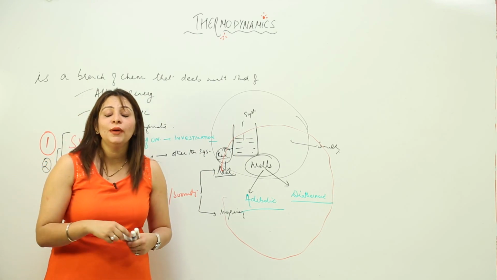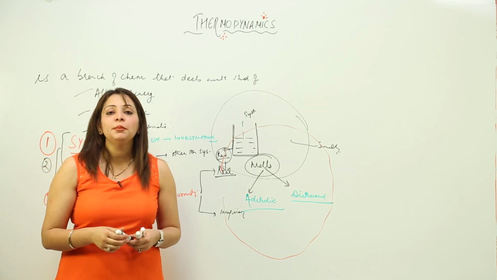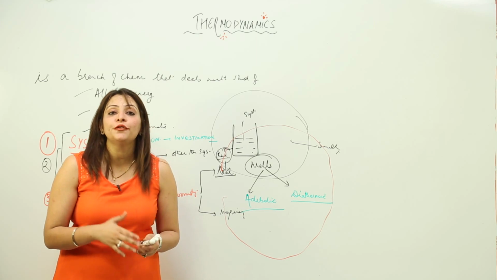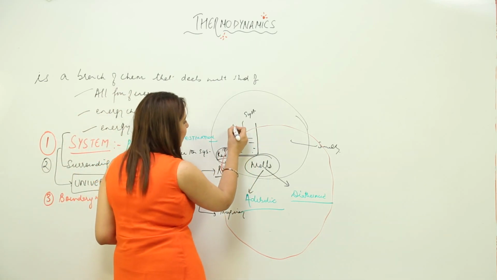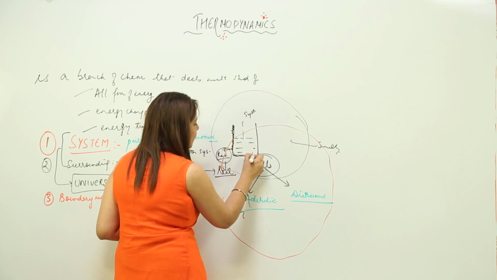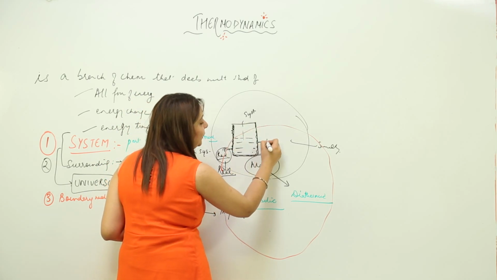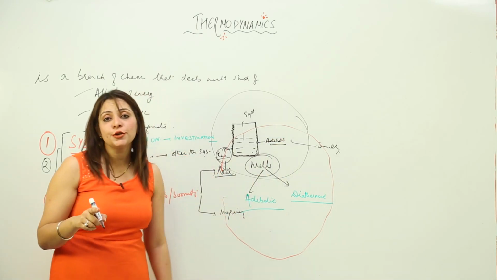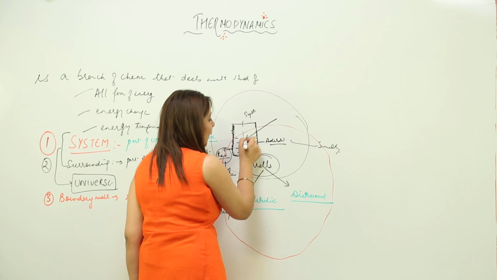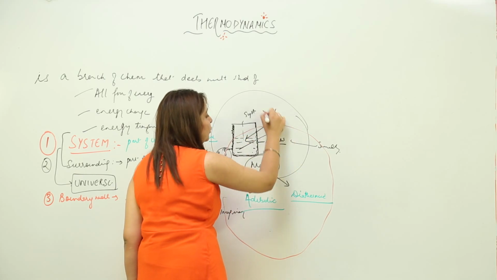Now, what is the reason when I say adiabatic? Adiabatic means it will not allow the exchange of energy. Suppose I have this beaker and in the beaker I have water, and I say that this wall is adiabatic. What do I mean? It will neither allow the energy to come in nor allow the energy to go out.